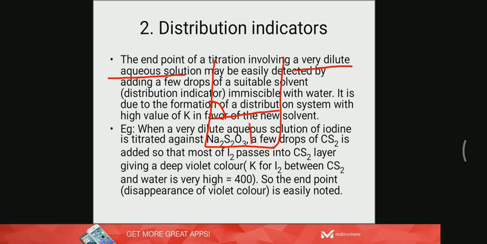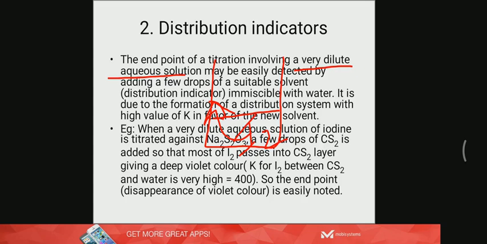So iodine present in this water will move to this CS2 layer almost completely, because iodine is more readily soluble in CS2. Okay, so when entire iodine goes into a few drops of CS2, that will appear as violet color.